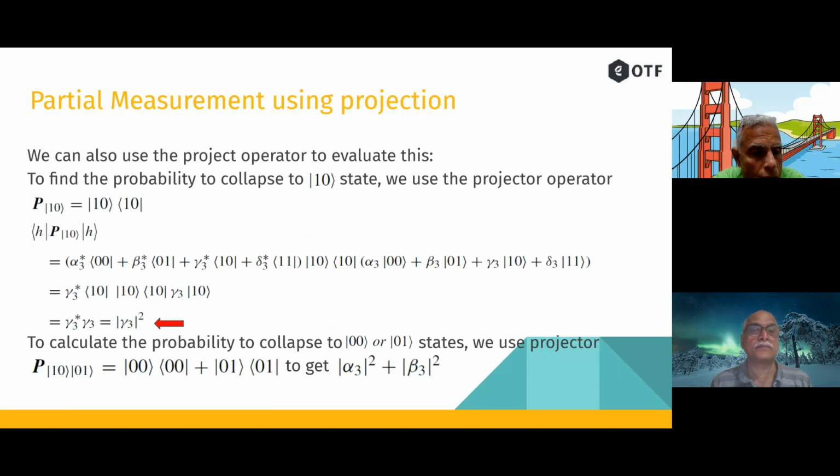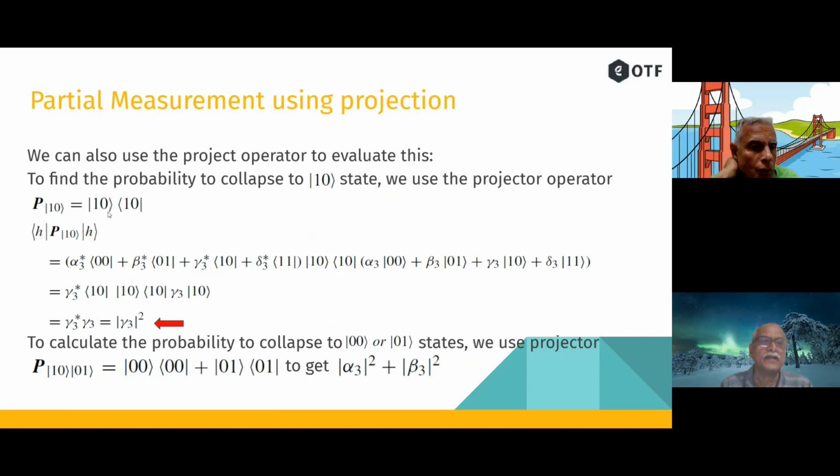So what we can typically do is something like this. Remember, here we are talking about 2 individual electrons, and each of these has its own space. So I think it is a good option to use this concept of projection. If I want to find out the probability of the entire system collapsing to the 1,0 state, then I can identify a projection operator, and that particular projection operator will be the projector for 1,0.